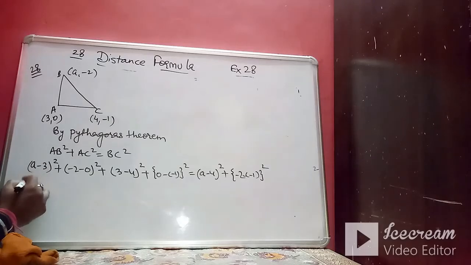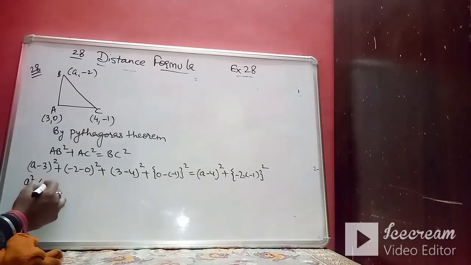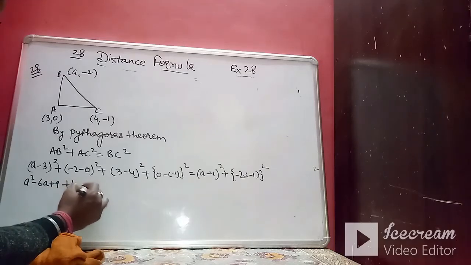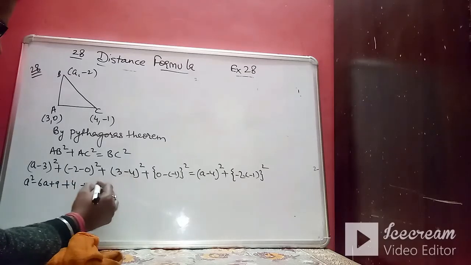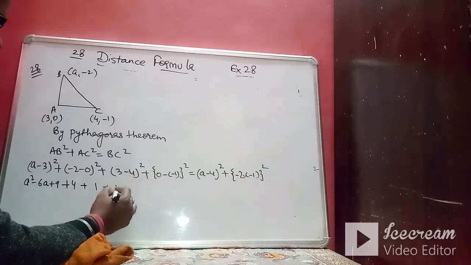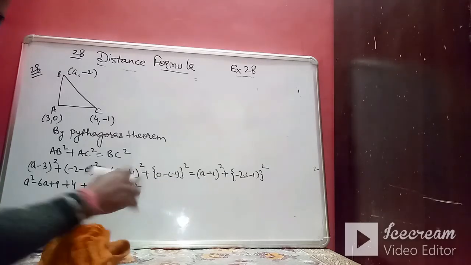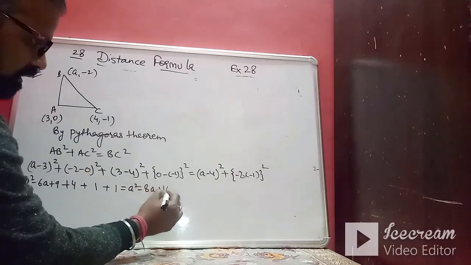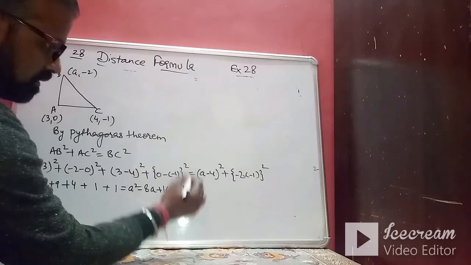So let's solve it. a square minus 6a plus 9 plus 4, plus 3 minus 4 is minus 1, so minus 1 square is 1. 0 minus minus 1 is 1, so it is also 1. And the right side is a square minus 8a plus 16 plus 9.